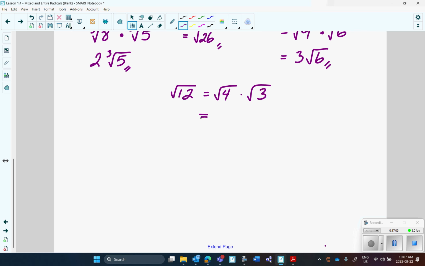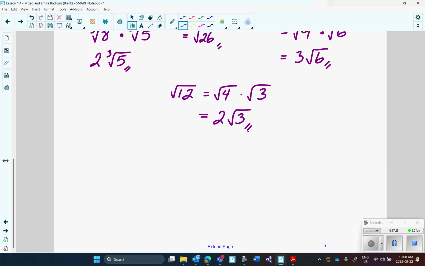And root 4 is what? Go further. 2. 2 and root 3. Same. That's it. Okay? Like I said, once you start doing a few of these, you'll get it. It's just that it's new. It's a new way to show something.